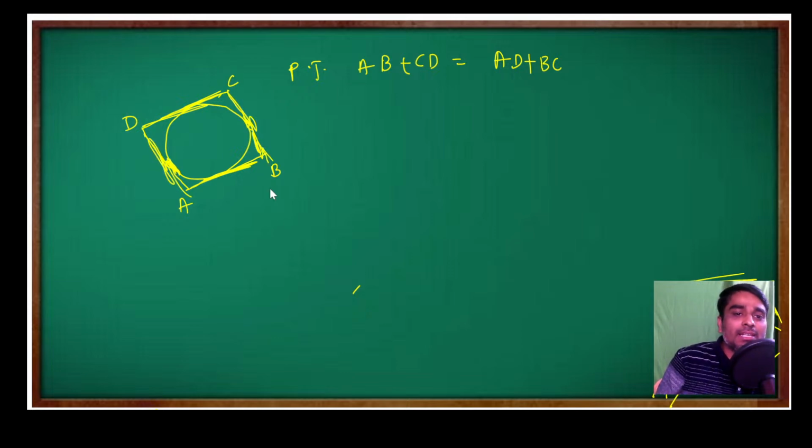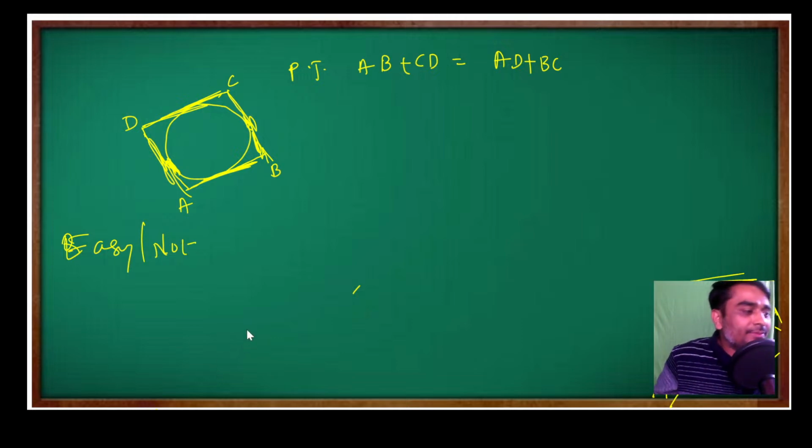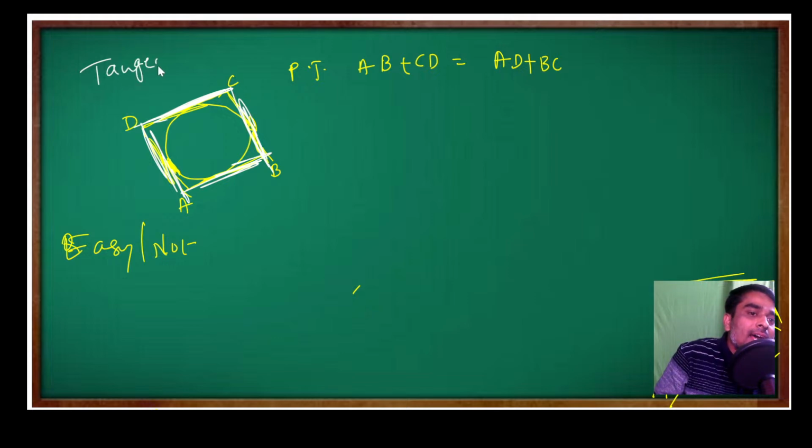Quickly tell me, easy or not? Okay. So here, look at these lines over the circle. What are they? Are they not tangents? They are tangents.